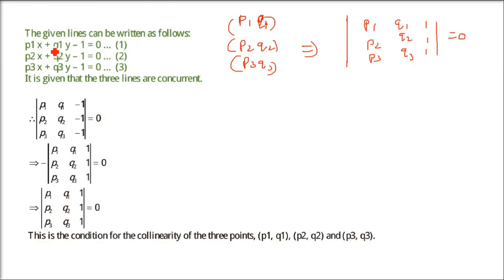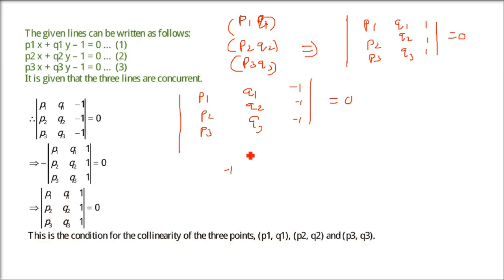In the question it is given that these three lines are concurrent. Concurrent means the determinant of a1, a2, a3, b1, b2, b3, c1, c2, c3 equals 0. So p1, p2, p3, q1, q2, q3 and minus 1, minus 1, minus 1 equals 0. It is quite similar to what we need to prove.